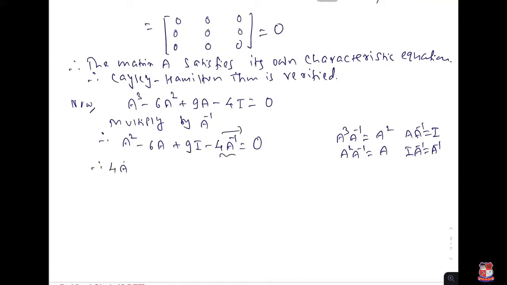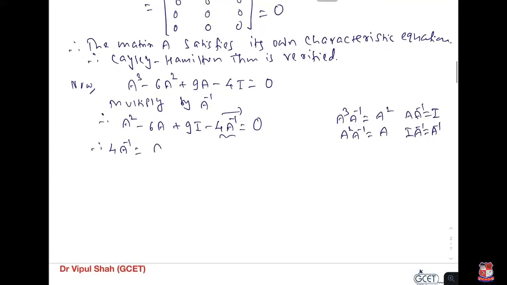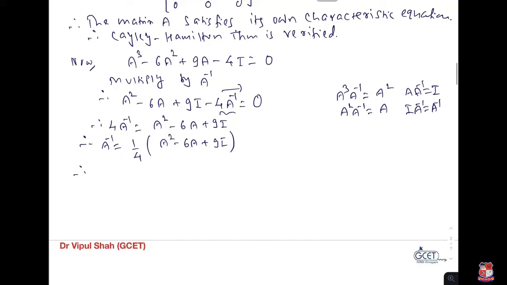So 4A inverse equal to A square minus 6A plus 9I, and therefore A inverse equal to 1 by 4 into A square minus 6A plus 9I.